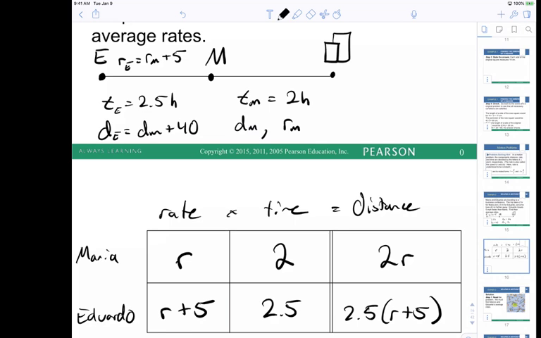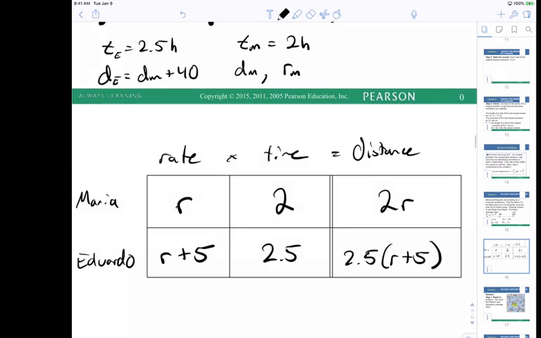So Eduardo's distance, which is the bottom one, is 40 miles more than Maria's, which is the top one, right? So Eduardo's distance, which is 2.5 times R plus 5, is equal to Maria's distance, which is 2 times R plus 40. Does that make sense? Now we have one equation, one unknown we can solve. We should recap that. That takes a little bit.